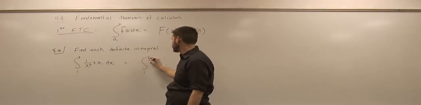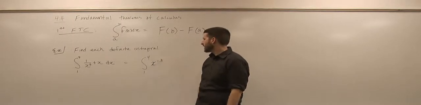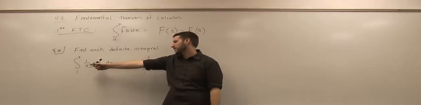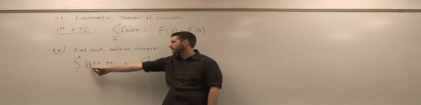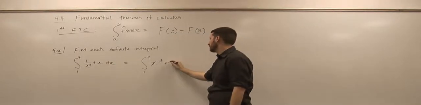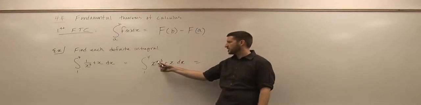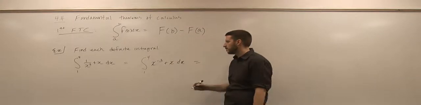What do you have to change it to first? Yeah, x to the negative 3. The easiest way to do an antiderivative of this is to change it to a negative power, and then apply your power rule, which says you can add 1 and divide by the result.